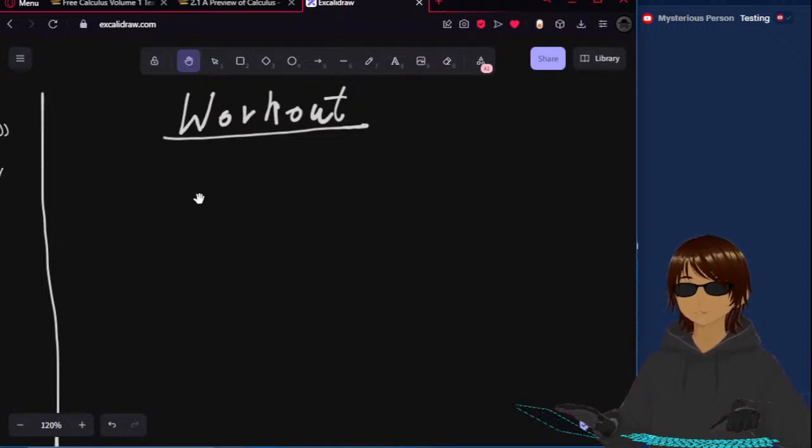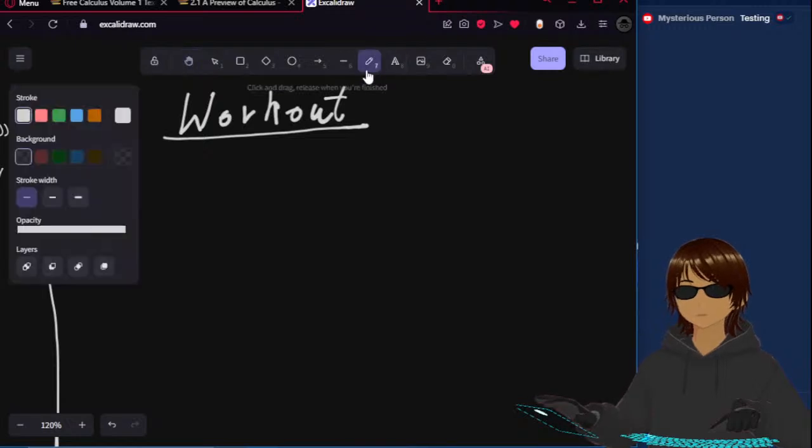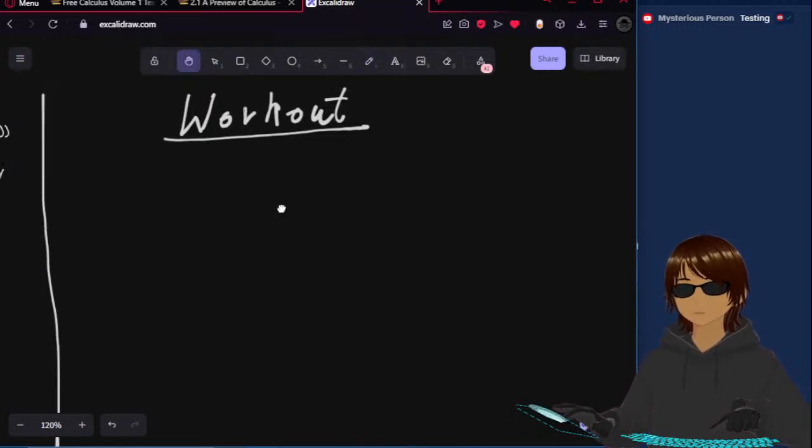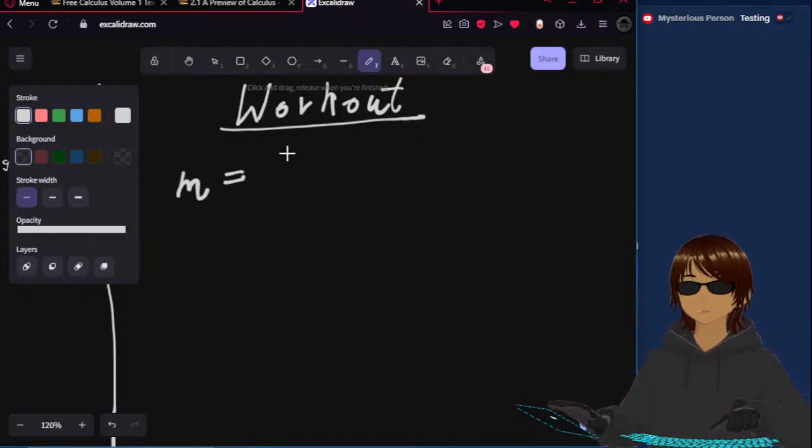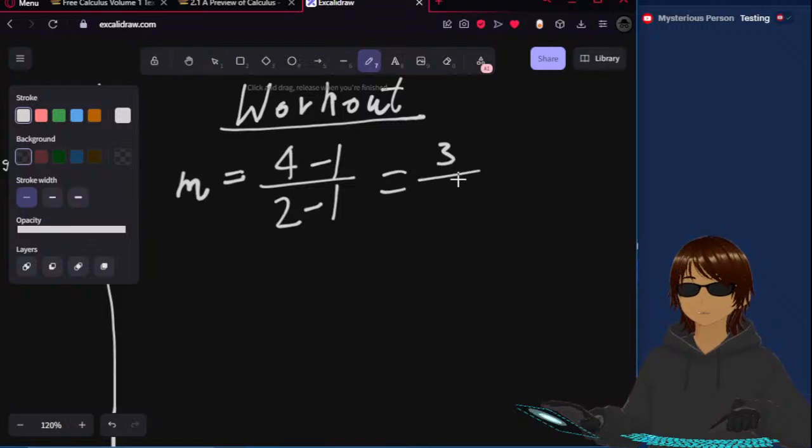So M is f, actually, 4 minus 1 over 2 minus 1, which is 3 over 1.